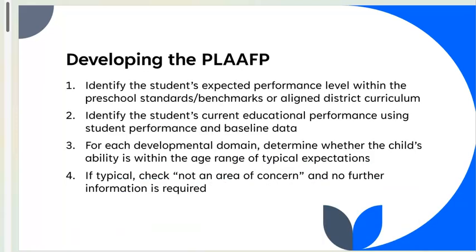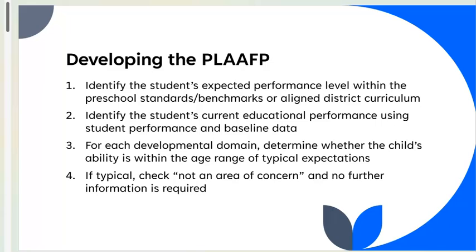When you're developing that present level of academic and functional performance statement, you want to identify the student's expected performance level. So for preschool students, we use the Kentucky Early Childhood Standards. Then you want to identify the student's current educational performance. So you're going to use that baseline data, that response to intervention data, any kind of evaluation report data.